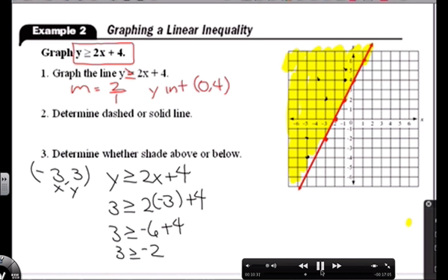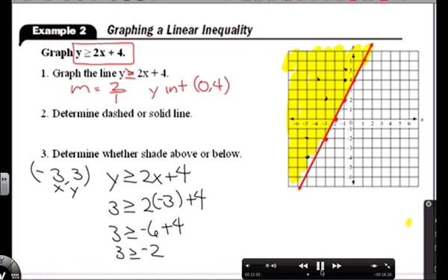Now, remember how we've been talking about the line shifting up the y-axis, shifting down the y-axis? If you have trouble seeing which is above and which is below, look at the y-axis. Where are the numbers greater? On this side of the line. So that's the side you would shade. The numbers that are less than would be on this side of the line. So if you were going to shade less than, it would be on this side.